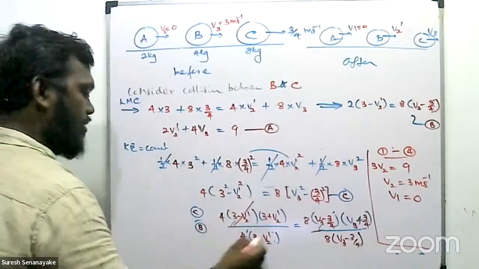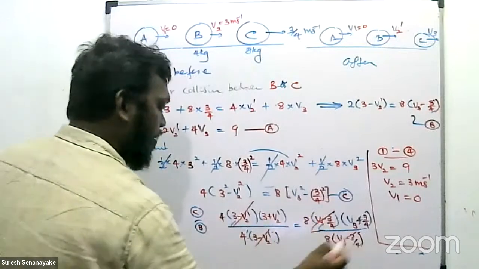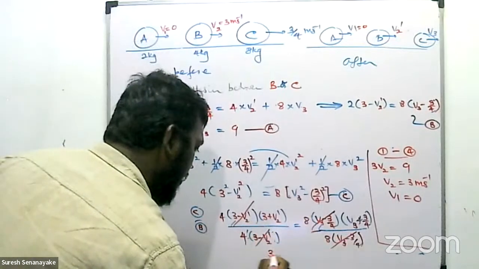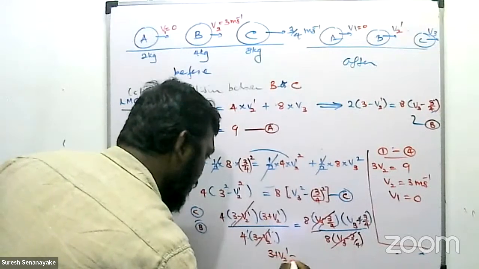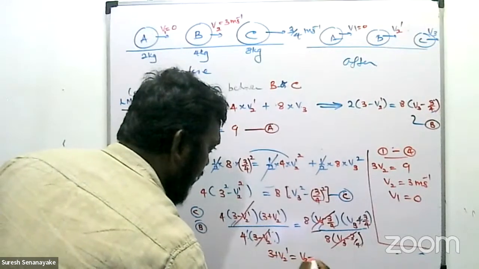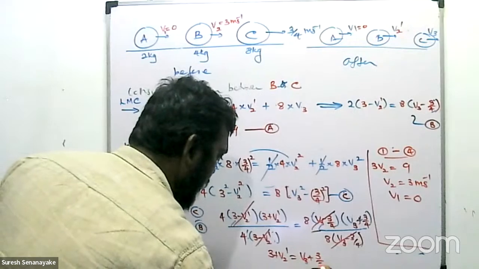Now you can also cancel this, and the remainder is 3 plus v2 dash equals v3 plus 3 over 4.